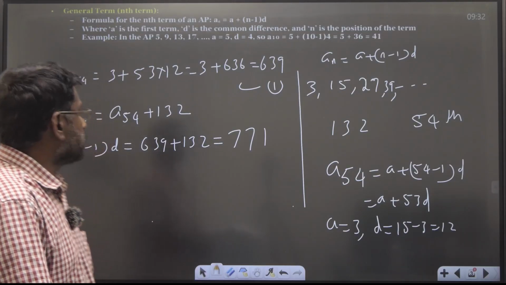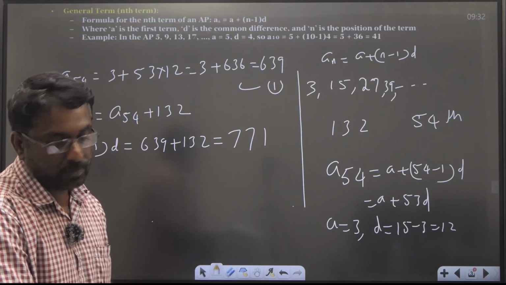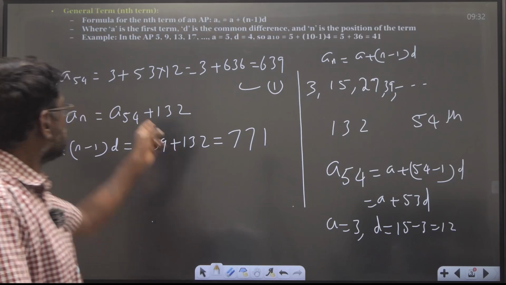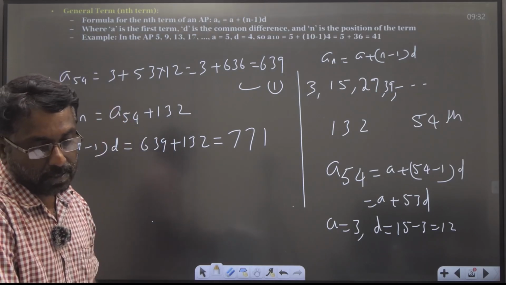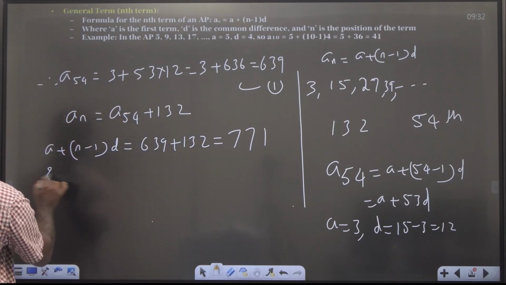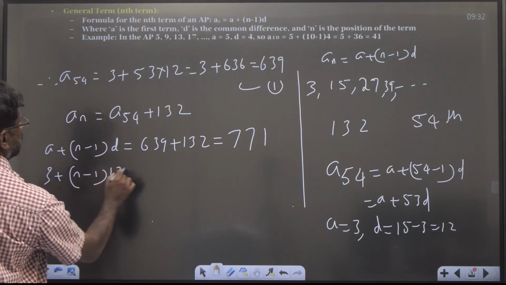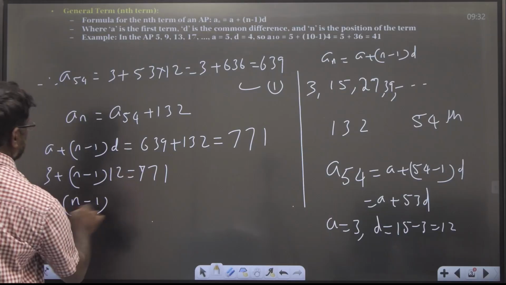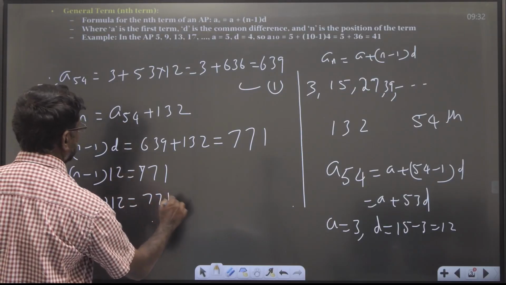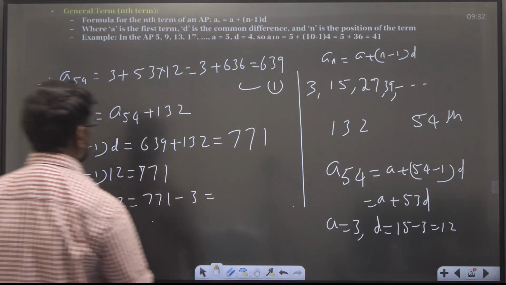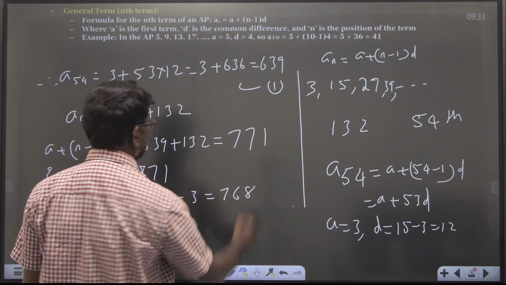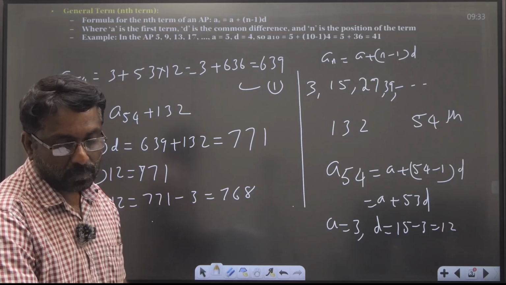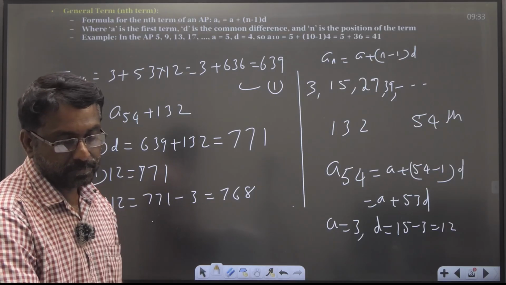We have to find n from this equation. What is a? a is 3. d is already 12. That is 3 plus n minus 1 into 12 equal to 771. That is n minus 1 into 12 equal to 771 minus 3, that is 768.